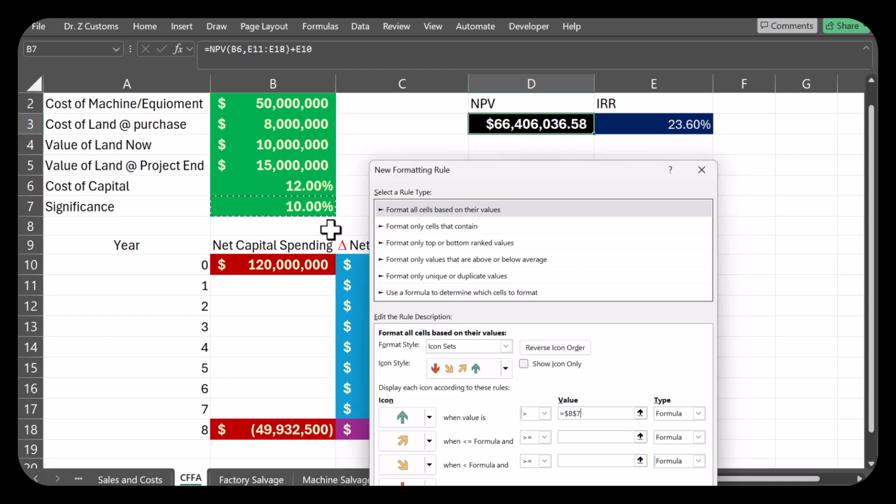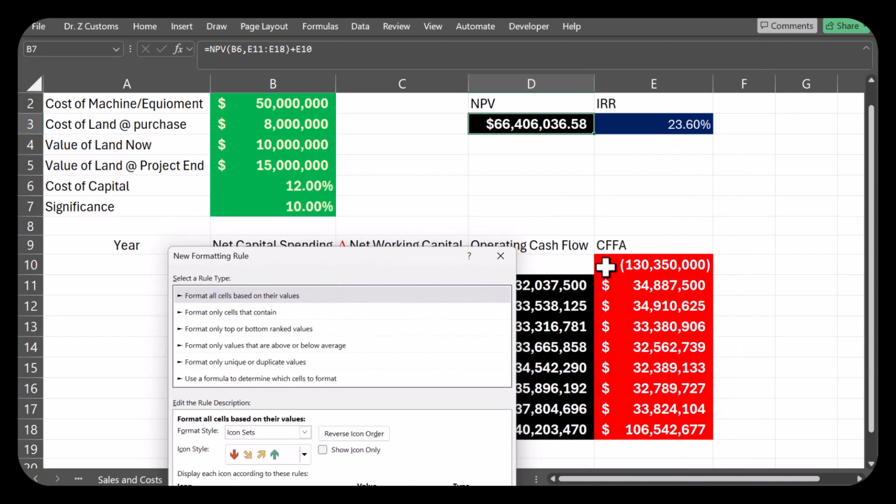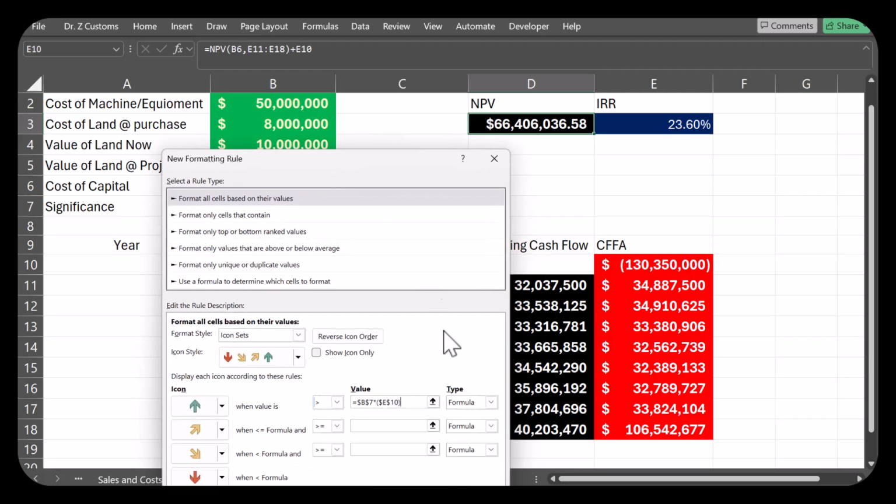Times, or the significance times negative of that. Yes, I'm not done yet.